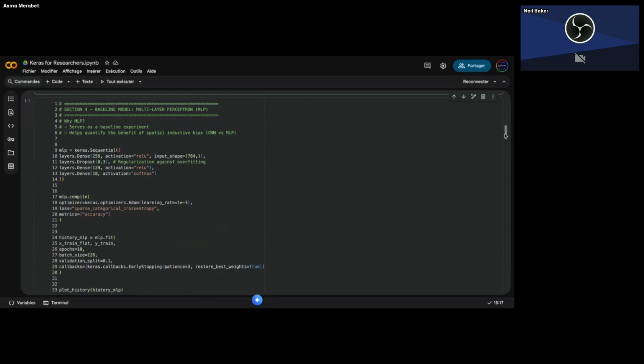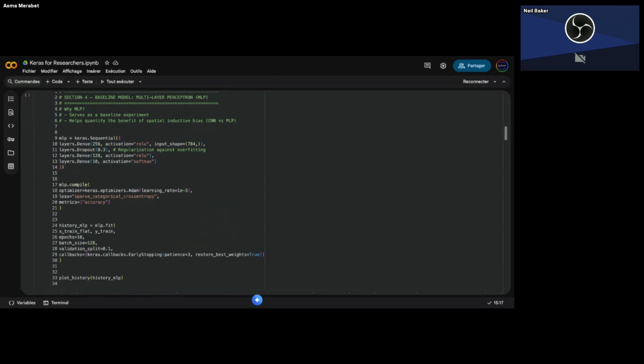Okay, now this is the baseline model, which is the MLP. So this is the starting point that we should always do. It's a simple multi-layer perceptron. We need it just to know if we are improving or not. For this architecture, we have put in layers from, for example, 256 to 128 units.